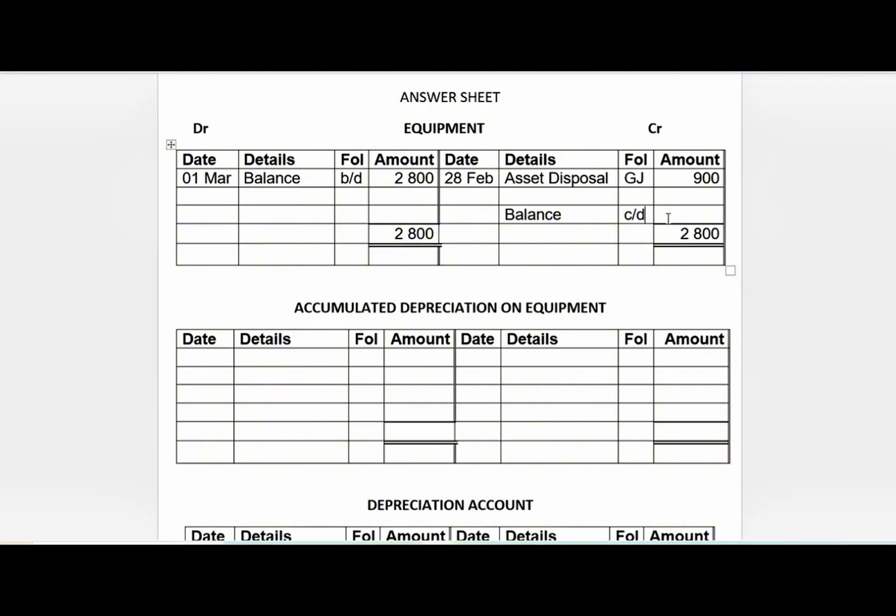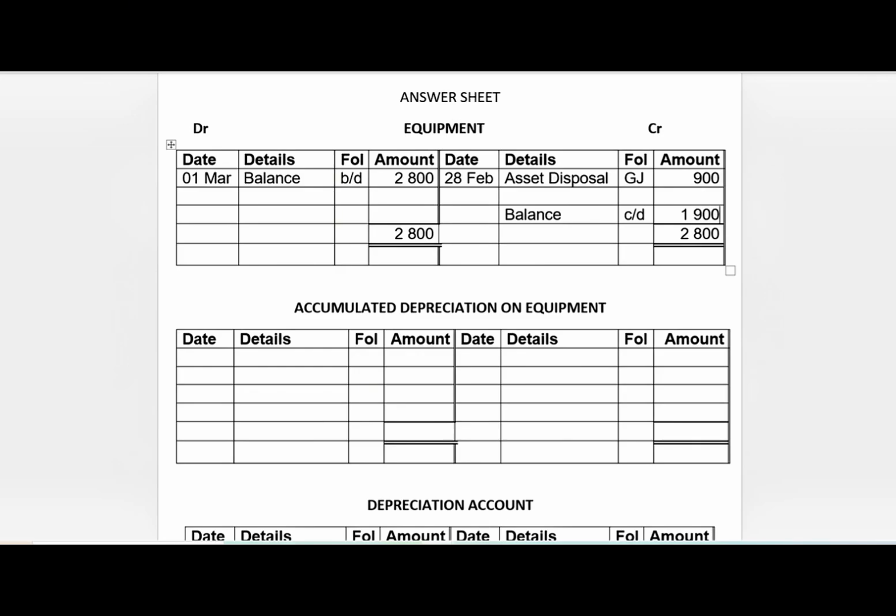So it means we have to say 2,800 minus 900, right? Let's put that on the calculator quickly. 2,800 minus 900. I am getting a closing balance of 1,900.